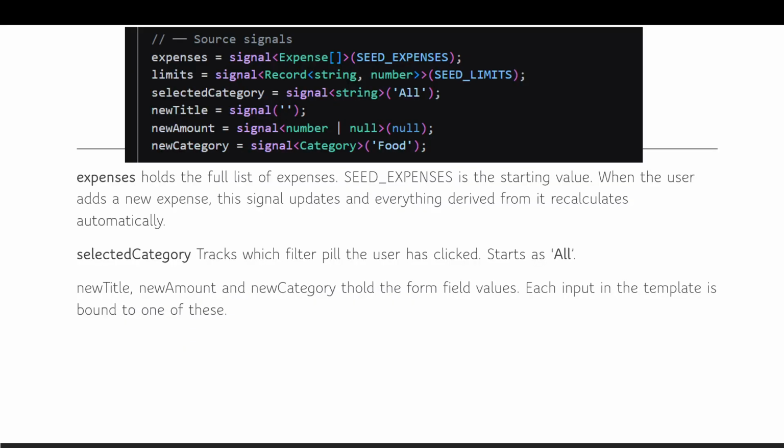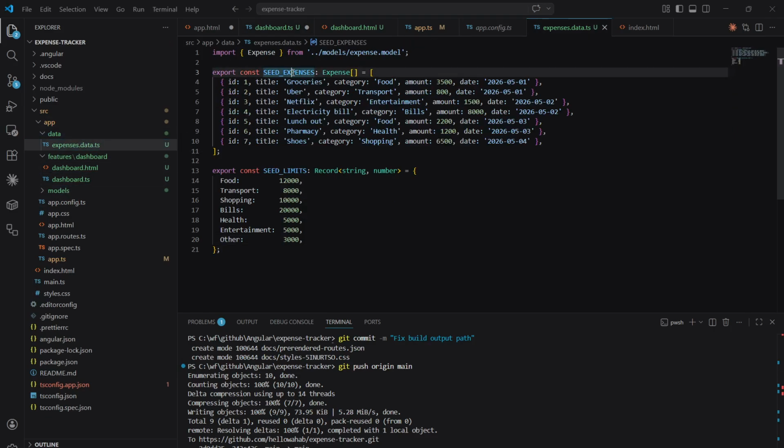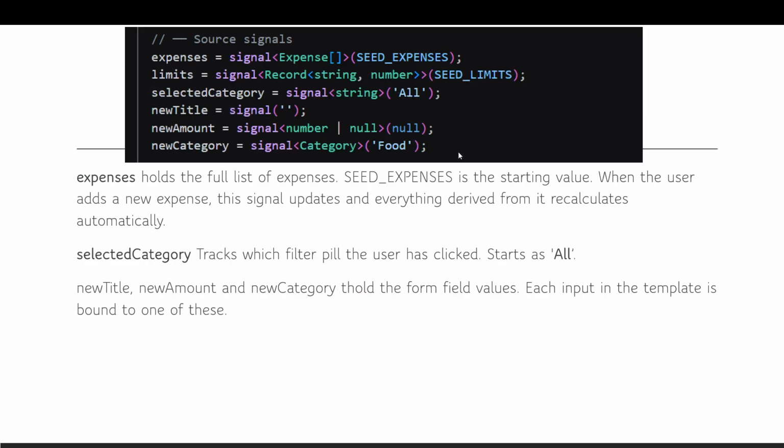Let me quickly tell you what it holds. It holds a full list of all the 7 expenses. If I can quickly show you here, all these seed expenses, 7 objects or 7 rows, you can say. So these are there.